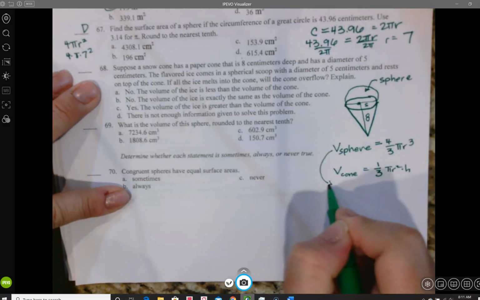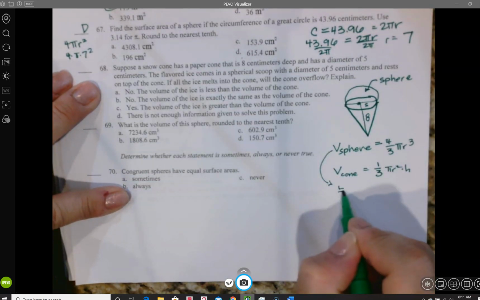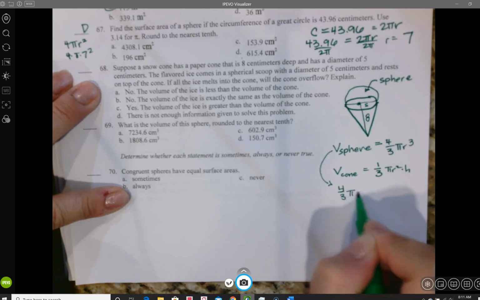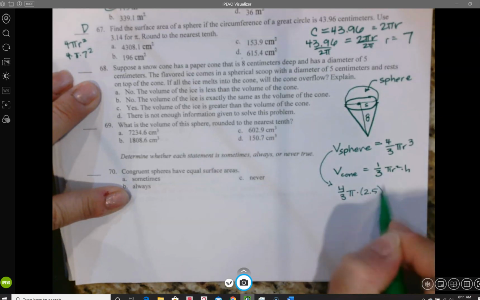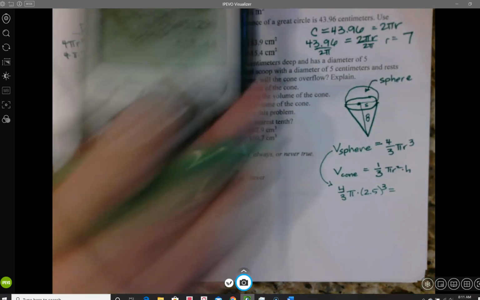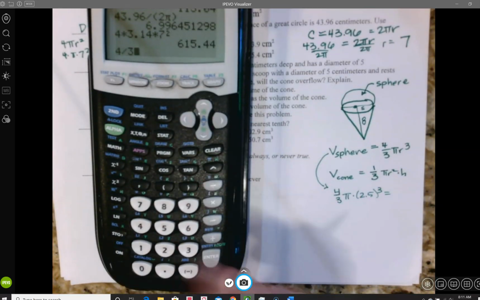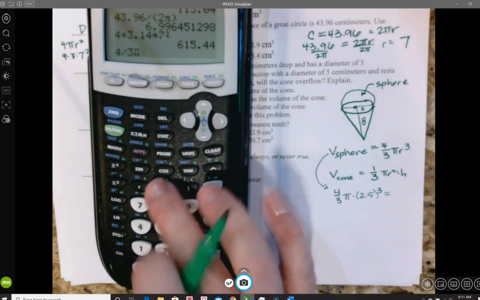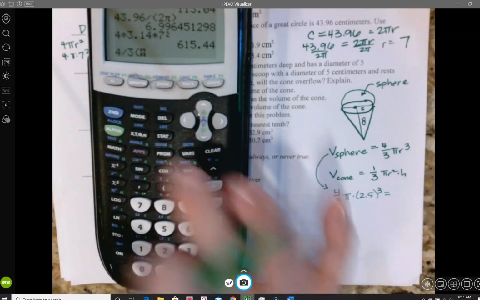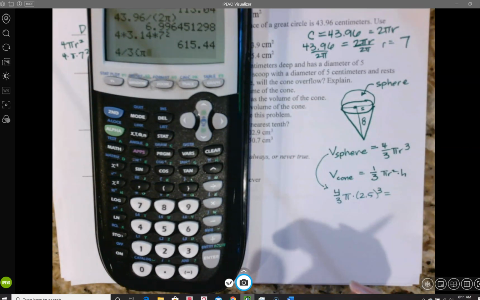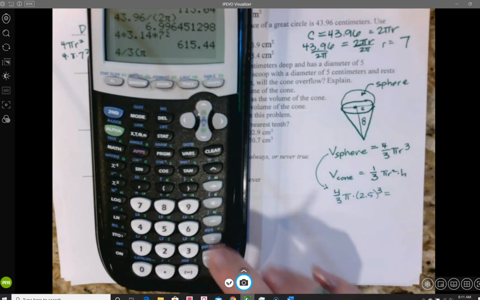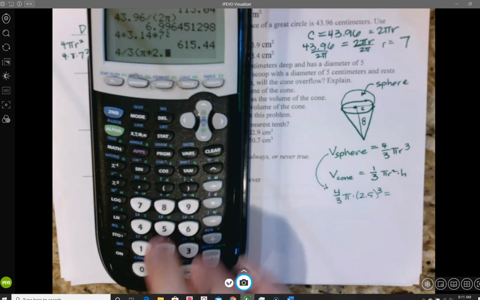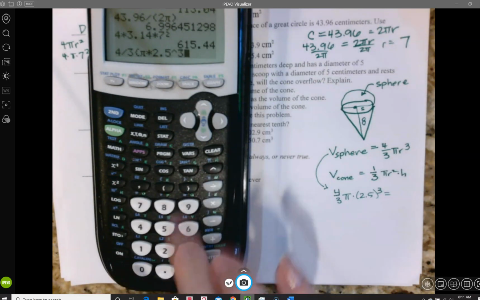So I'm going to do the volume of my sphere down here, 4/3 times pi times 2.5 to the third. And I'm just going to use my calculator for that. So 4/3 times pi times 2.5 to the third.